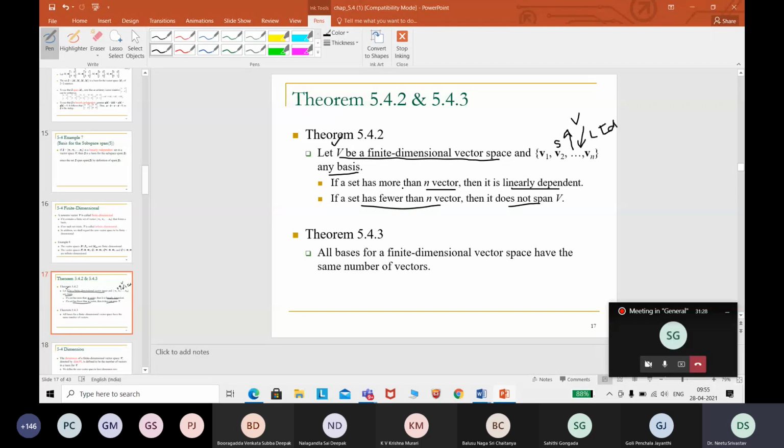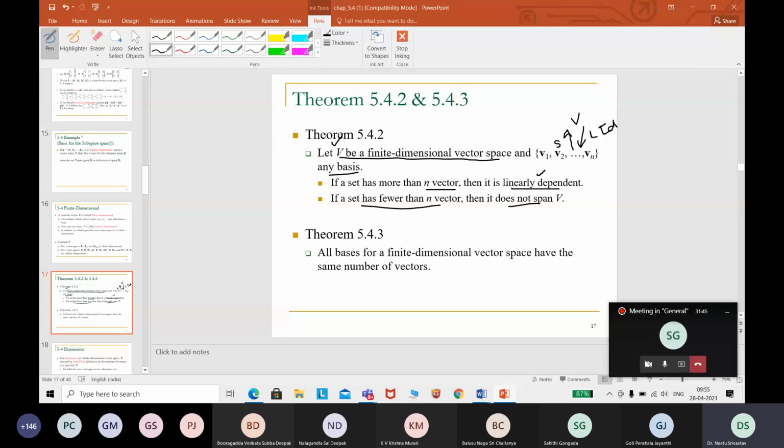Next, it is saying that if a set has more than n vectors, you are taking any other set in V which has more than n vectors, then it will be linearly dependent, and you know the reason why. This result was already done in the previous class.